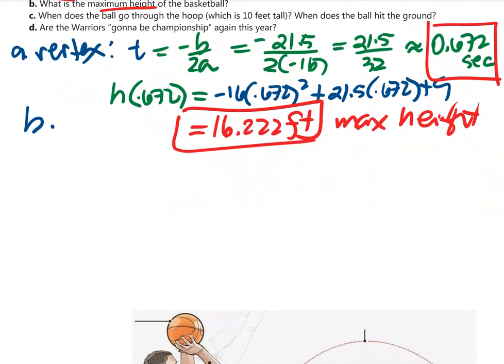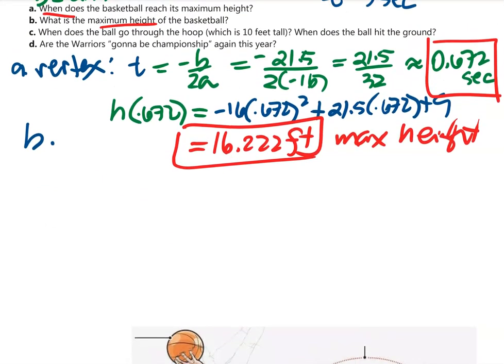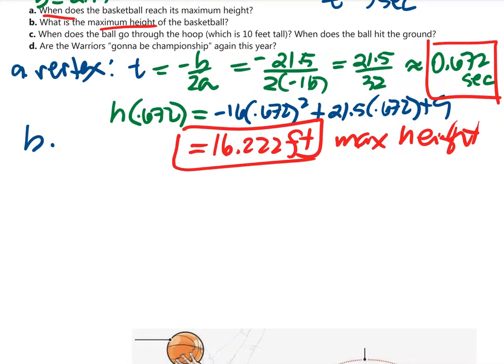Now to answer letter C, when does the ball go through the hoop, which is 10 feet tall, and when does the ball hit the ground? So what do we mean by goes through the hoop?